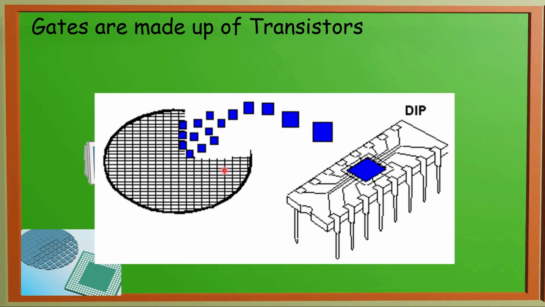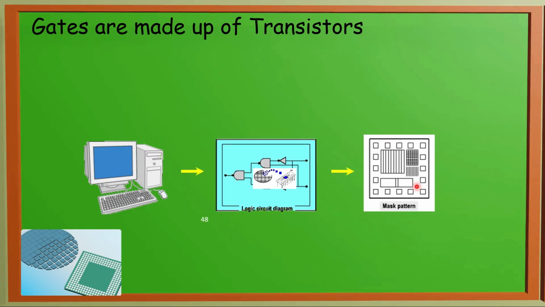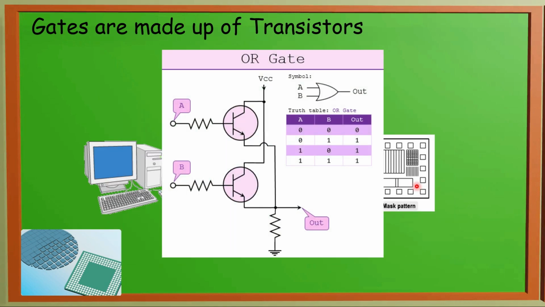Then these ICs are separated and packaged in different types of packages, like the DIP, that is dual in-line package. Once these are done, we are able to use this IC, but at the core we have transistors. By using transistors we make gates, and by using gates we design various structures in digital logic that will be part of the IC.